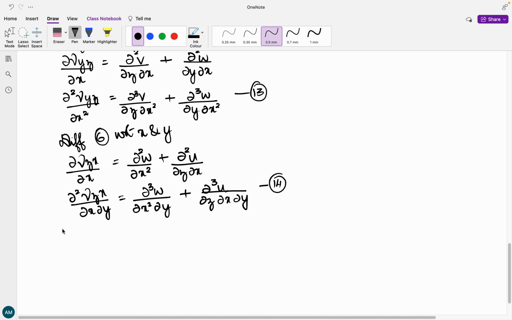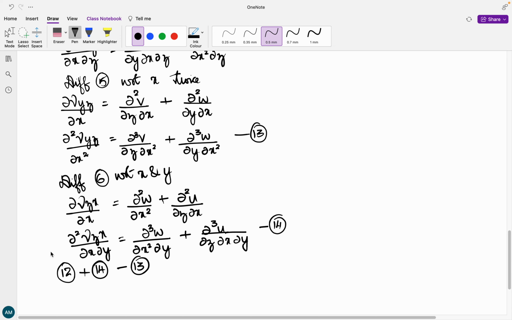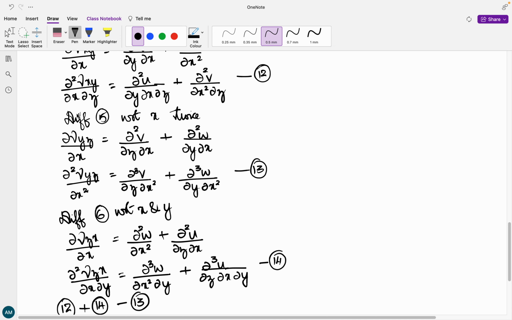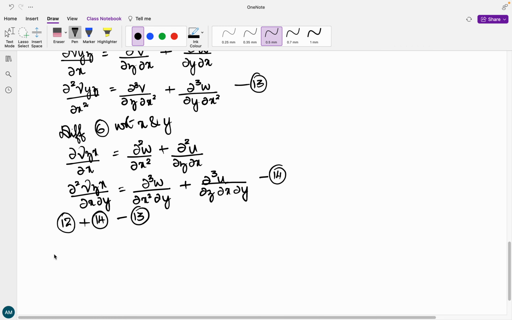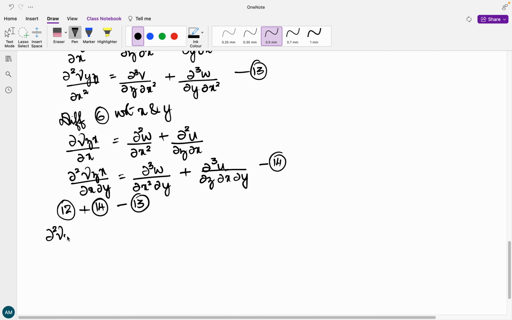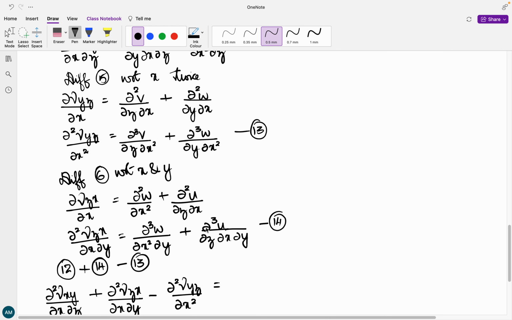Next, we will be adding the 12th and the 14th equation, and subtracting the 13th equation. Let us first write what is there on the RHS, that is ∂²γxy/∂x∂z, the 14th here ∂²γzx/∂x∂y, minus the 13th ∂²γyz/∂x².